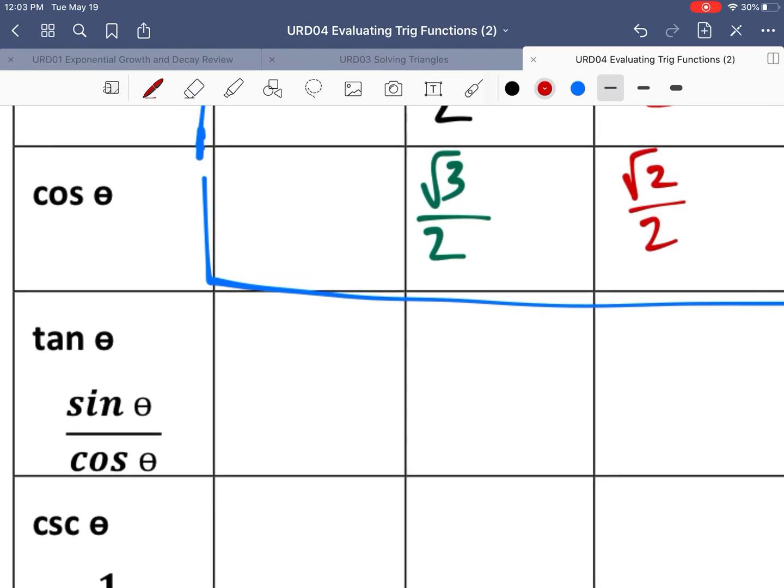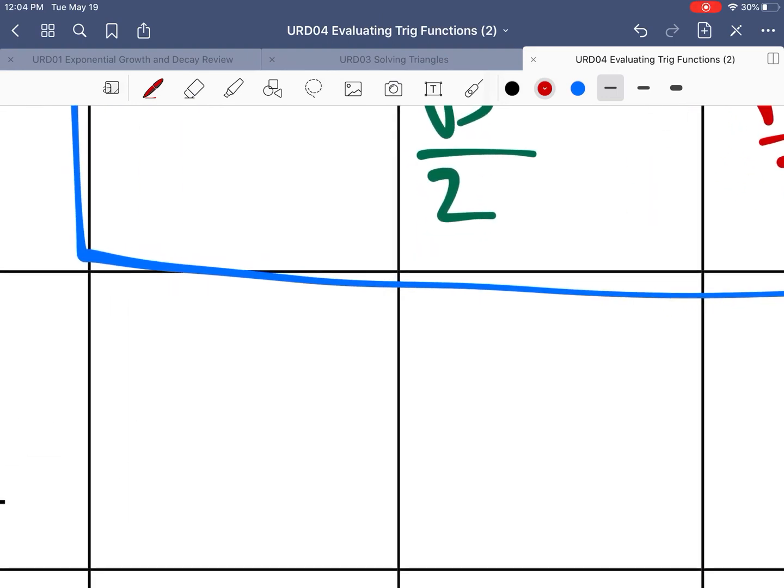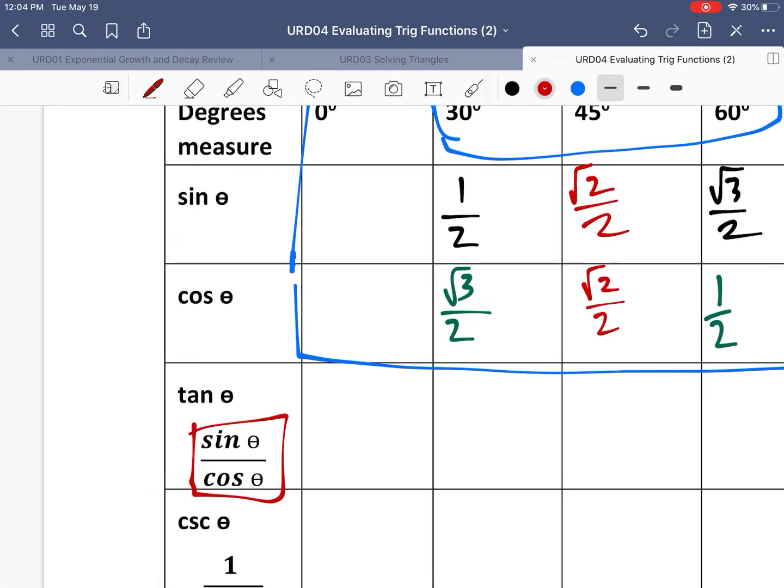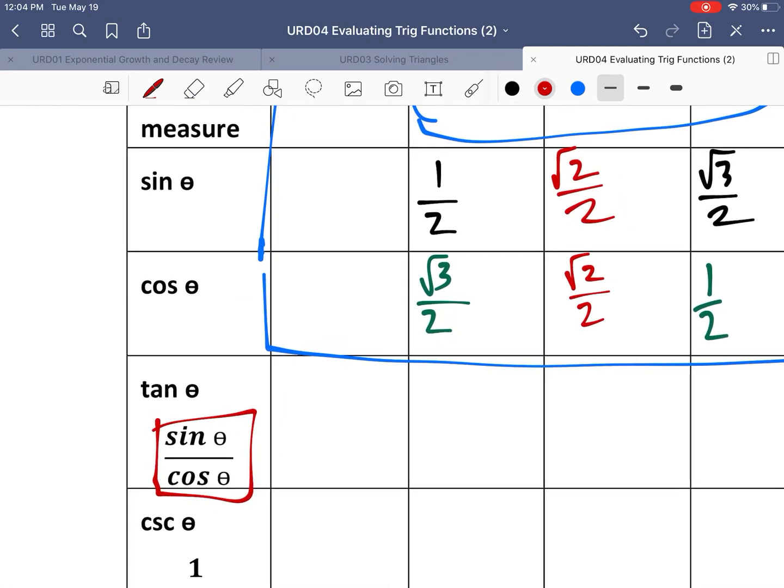So if I want to find the tangent of, let's say, 30 degrees, the tangent is going to be equal to sine divided by cosine. I can just divide those two numbers. So if I want to find that, I'll do 1/2 divided by radical 3 over 2, which is going to be equal to 1/2 times its reciprocal, so 2 over radical 3.